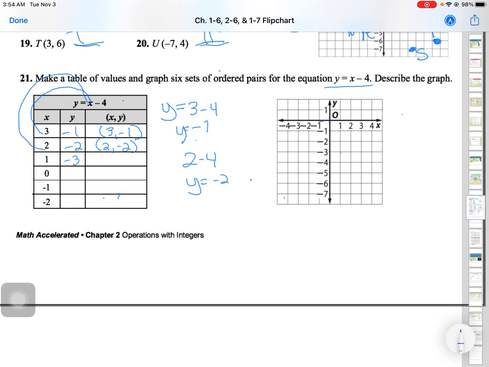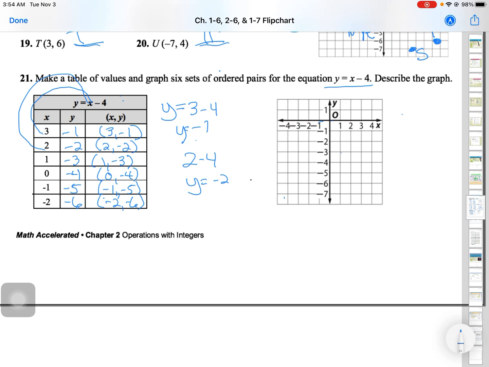If you went on, -3, -4, -5, -6, you saw a pattern. So you can just correct: (0, -4), (-1, -5), (-2, -6).